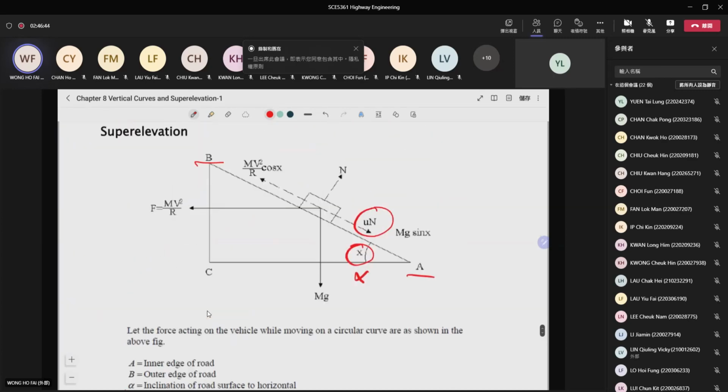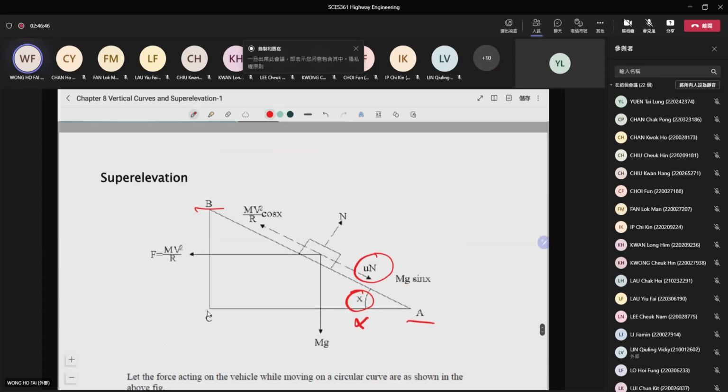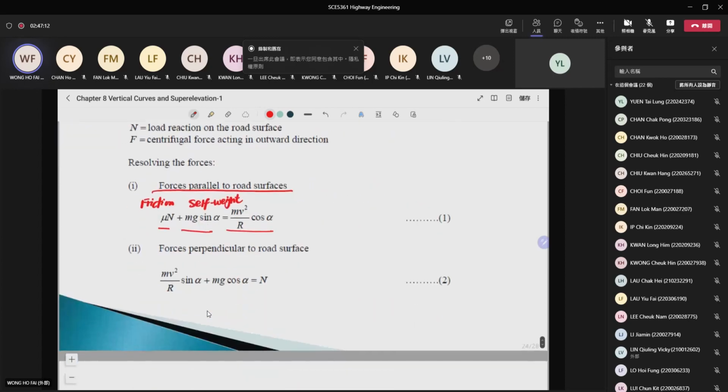And then for the one perpendicular to the road surface, actually you have this mg cosine alpha. And then you also have this one, mv squared over r times sine alpha. This one is perpendicular to the road.